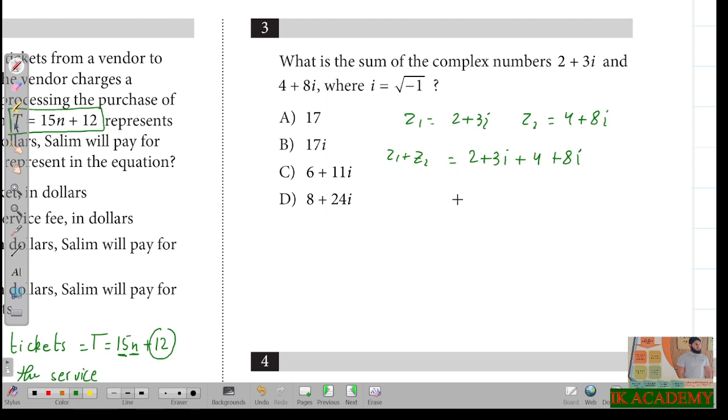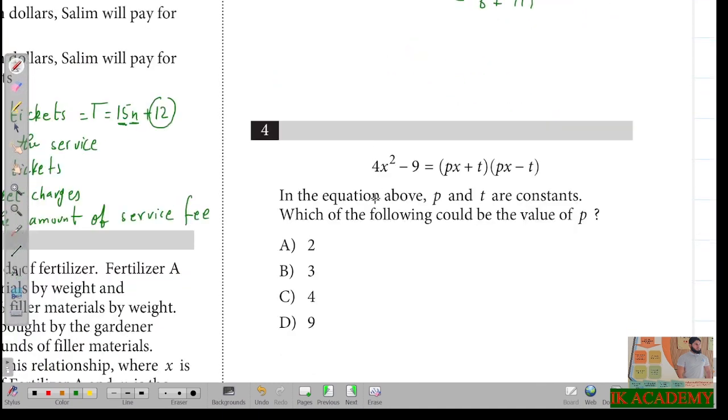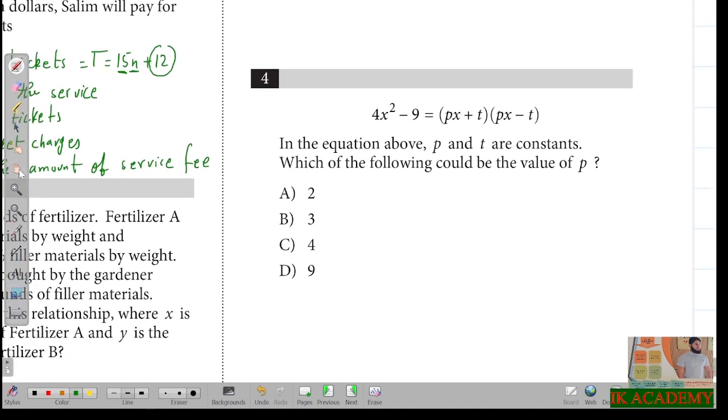The real will be added to the real and the imaginary to the imaginary. So 2 + 4 is 6, plus 3 + 8 is 11i, which equals 6 + 11i. Option C is the correct option. Let's move further to question number 4.